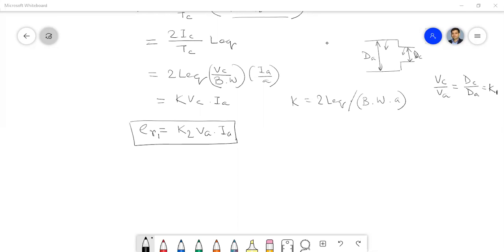But in some cases, the flux doesn't change. Flux is constant. But due to the rotation or the relative speed, there is an induced voltage in the coil, and that is termed the speed EMF. If the speed is due to rotation, then the same speed EMF is called the rotational EMF.